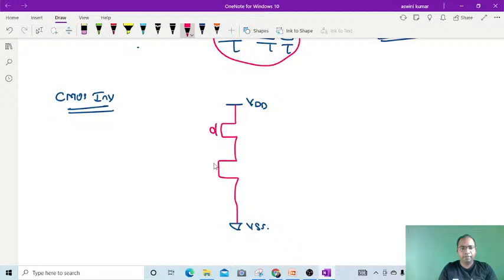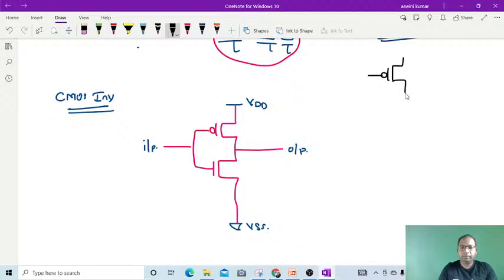Okay, so we are giving it like this, and here you can check the logic also. Usually for the P MOSFET, if the input is 1, then it will be in off state. If the input is 0, it comes into on state. But if you take the N MOSFET, if the input is 1, it is in on state. If the input is 0, it will be in off state.